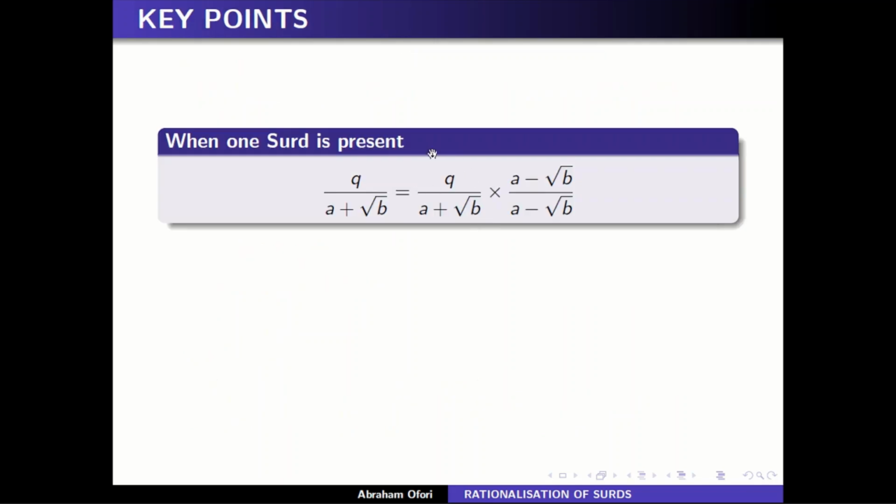So there are some key notes you should note. When one surd is present, this is how you go about it. That is, the denominator has one surd, something over this. Here, the Q can be a surd or it can be anything, but what we are interested in is how to rationalize the denominator. And this is how you go about it. You just change the sign here, multiply both numerator and denominator, and then you simplify.